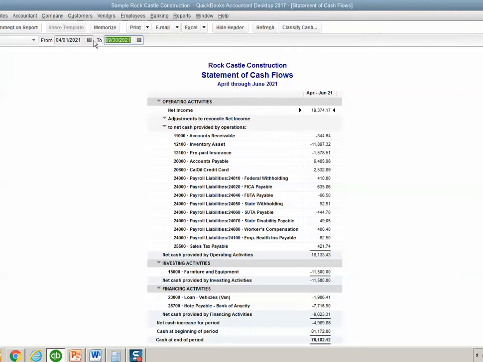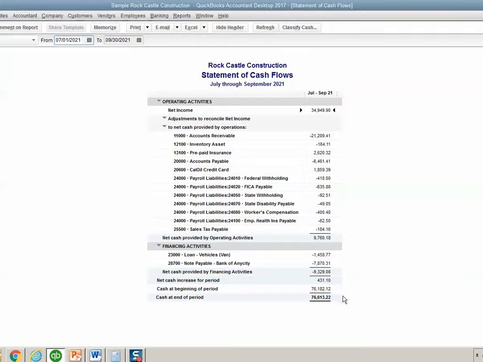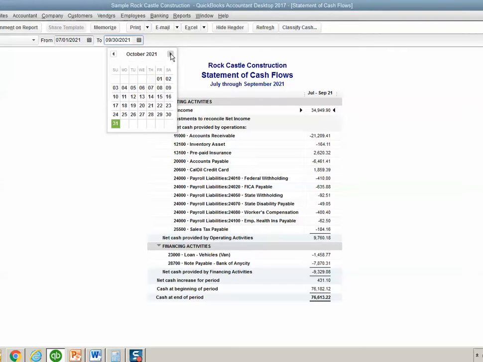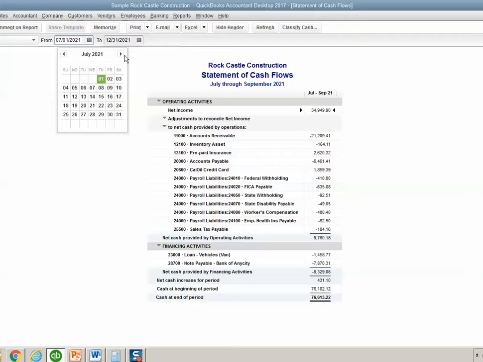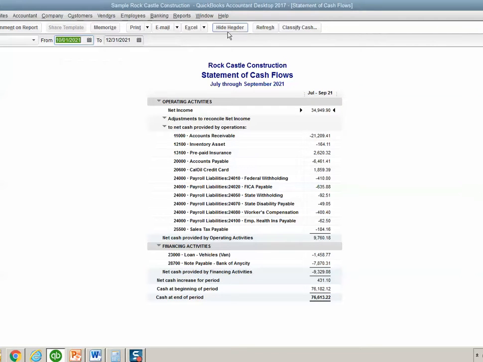If I rerun the report for July through September, so the last date is September 30th and the starting date of the report will be July 1st, and then we'll need to refresh it. You can see that their cash flow increased for the third quarter of the year, but only by $431. Now let's run the report one last time for the last quarter, ending December 31st and starting October 1st.